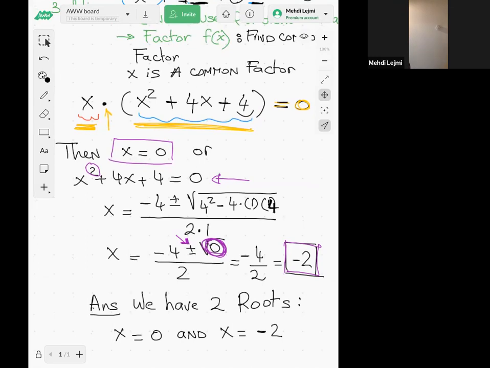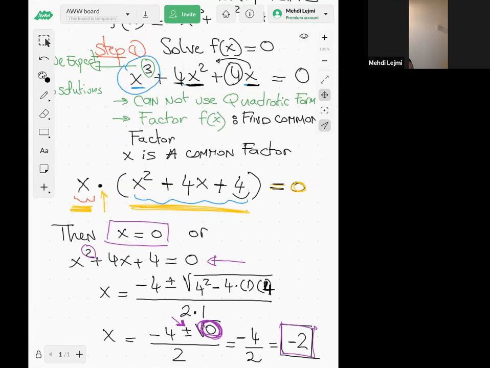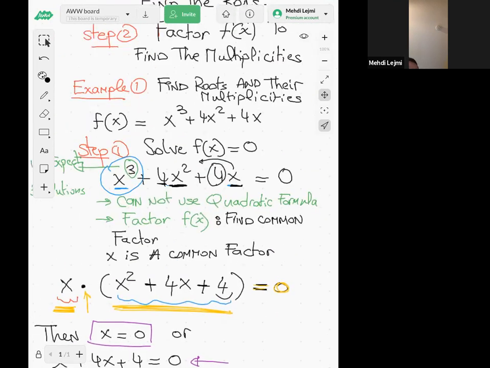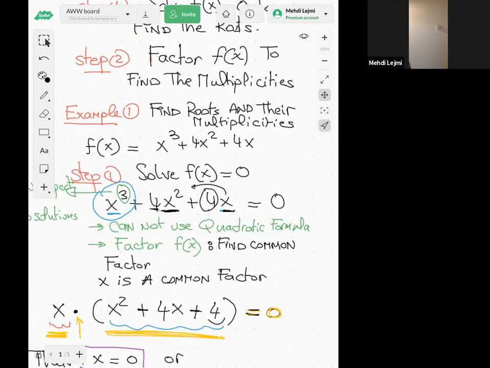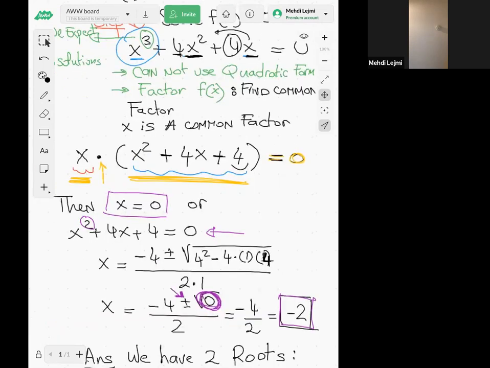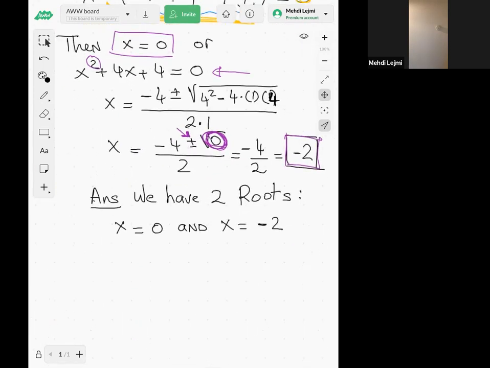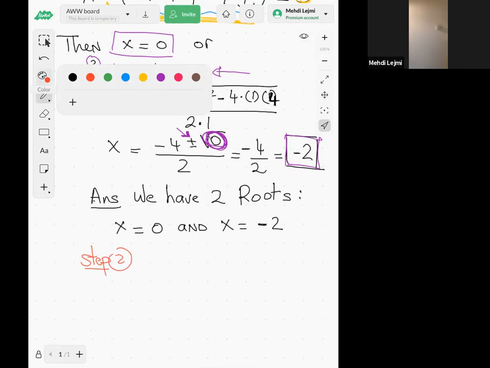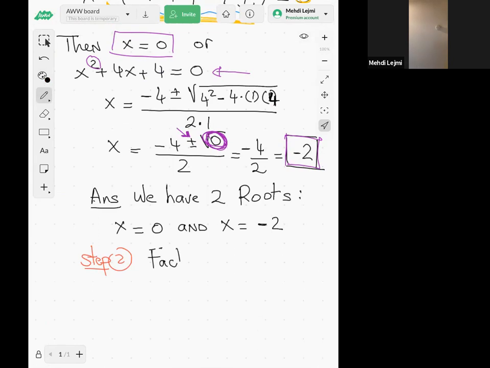Now what about the multiplicities, right? To find the multiplicities, we said we have to factor f of x. That's our second step. So step 2, we have to factor f of x, right?